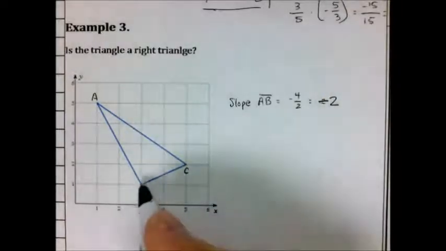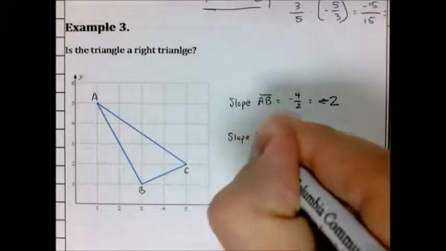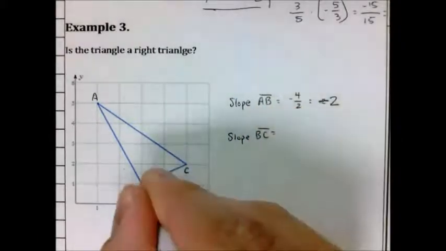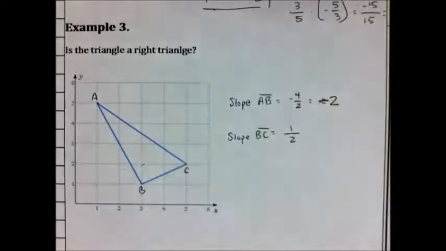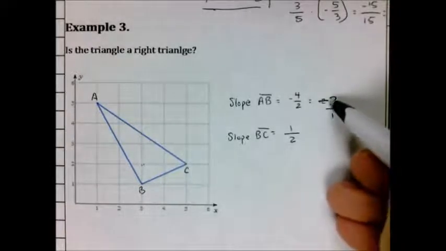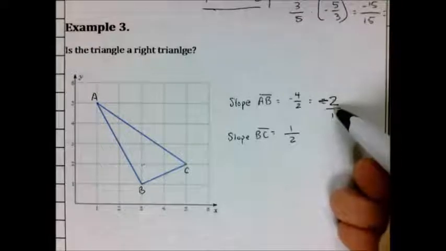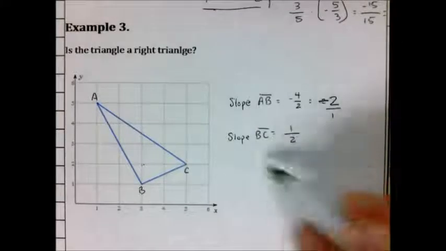Okay, and the slope of BC is equal to a rise of 1, a run of 2, 1 over 2. Okay, and so we can see right now, because I said this is -2 over 1, the opposite of -2 over 1 would be a positive. The reciprocal would be 1 over 2, which is what the slope of BC is.